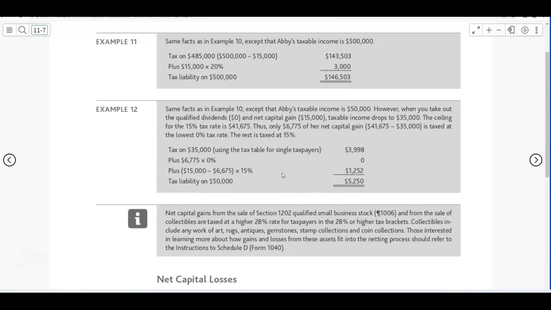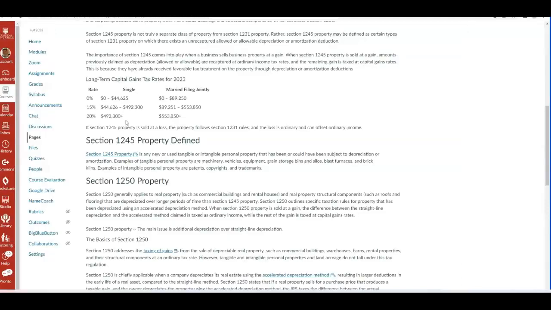So a portion of the capital gain will be taxed at 0%, and a portion of the capital gain will be taxed at 15%. Anything between income and the threshold is 0%. You remember that threshold, right? You see that? The threshold is 0%.